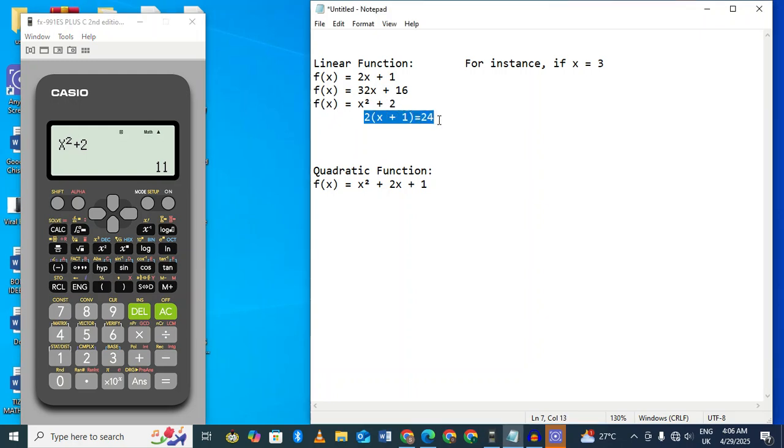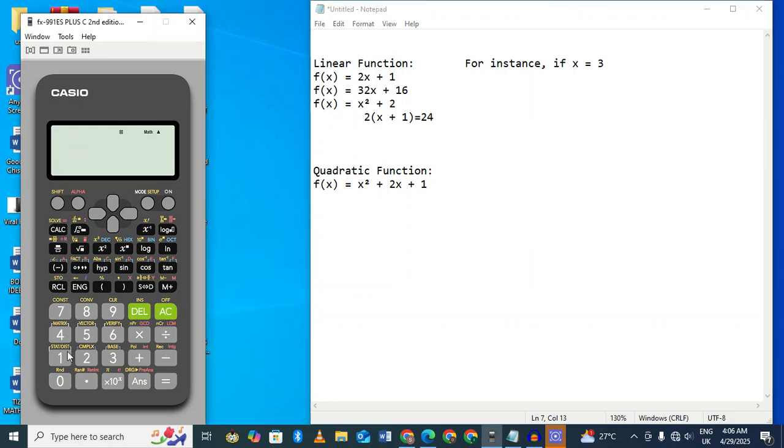For example, this is an expression where we have 2 into x plus 1 and we've given the value as 24. How do we get the value for x? Here we're going to be using the calculator function also. But this time we're going to write out the entire equation, and then we click on solve for it to give us the value.